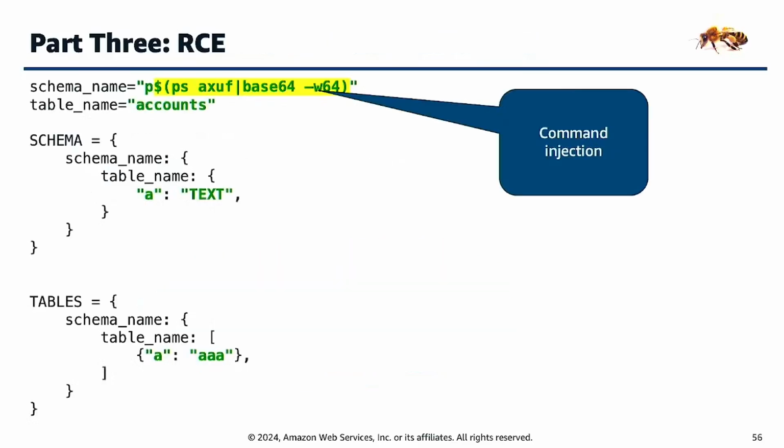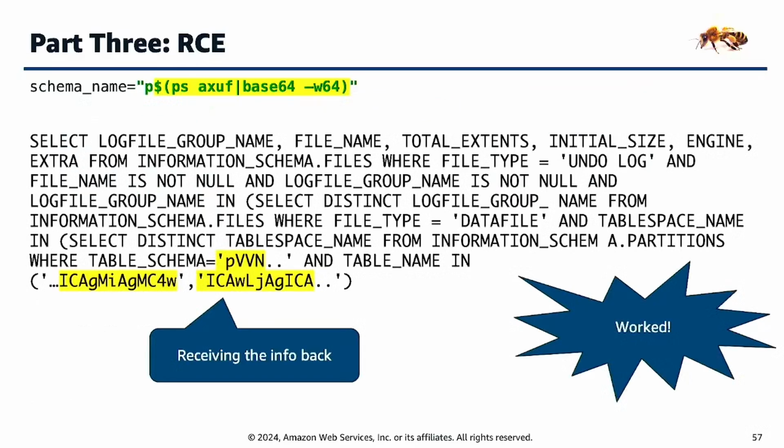So basically, if you create this schema name and put a Linux command here, super simple, then you will get the result back. So this is how we can actually see the process list on their server. You do ps ax, base64, and then this table name will be sent back to us as a part of the mysqldump command. And this is how we can see this. So it actually worked.